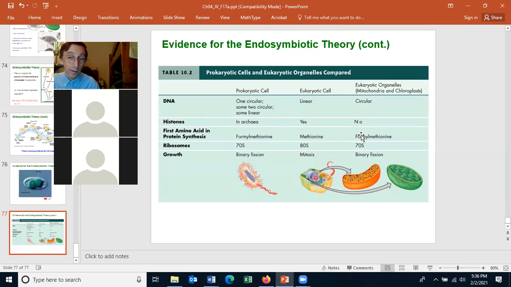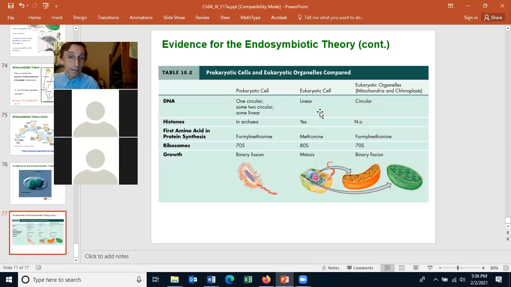And the first amino acid made in the mitochondria and the chloroplast is formylmethionine. Eukaryotic cells have their DNA wrapped around histones. Bacteria do not have their DNA wrapped around histones. The mitochondria and the chloroplast do not have their DNA wrapped around histones.